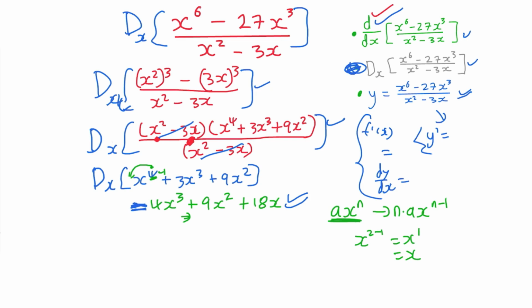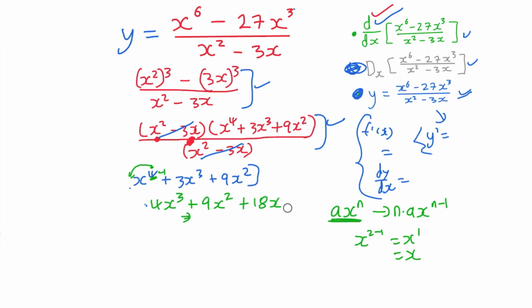And then what if they gave me a question in this format? What if the question was like, differentiate this. They said y equals to. Then you're going to do the same thing again. You're just going to say y equals to.